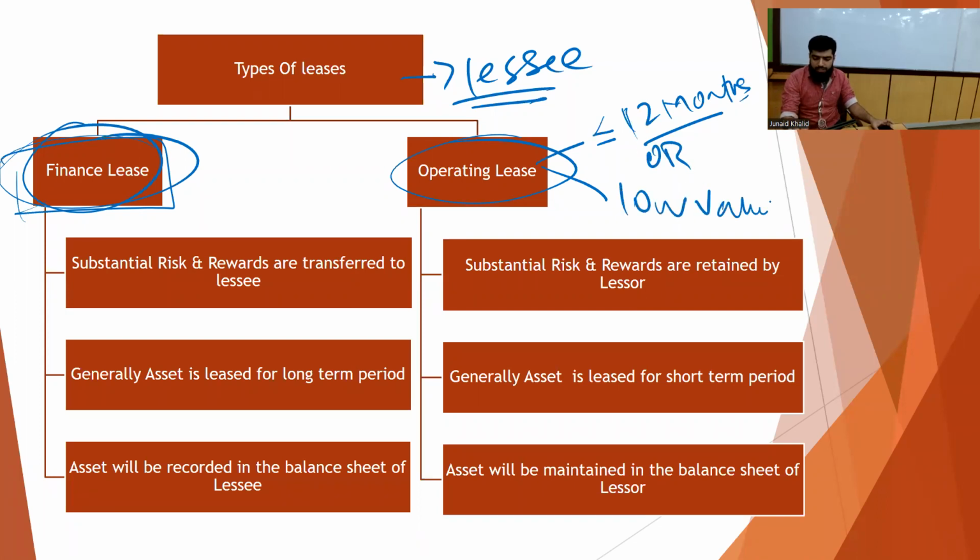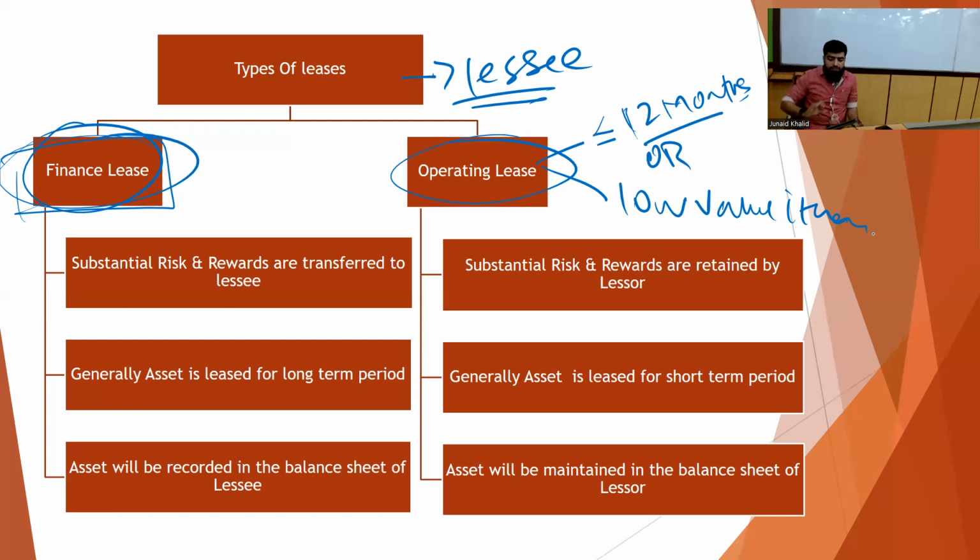Now the question arises: what is a low value item? We'll discuss this later on in detail, along with what an operating lease is, how to recognize it, and what the accounting treatment would be.